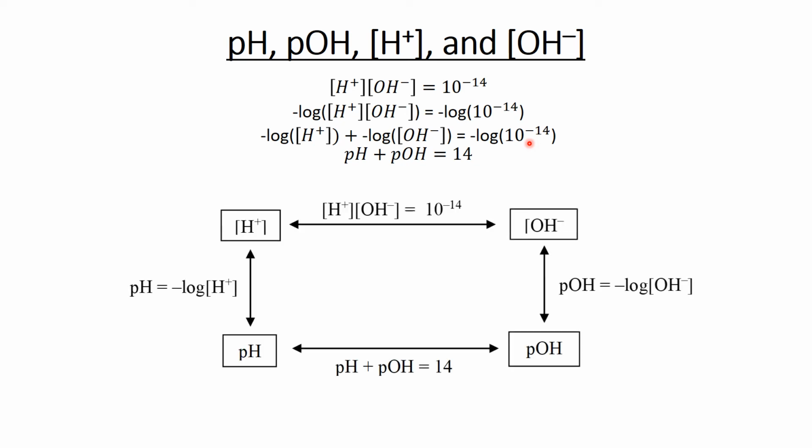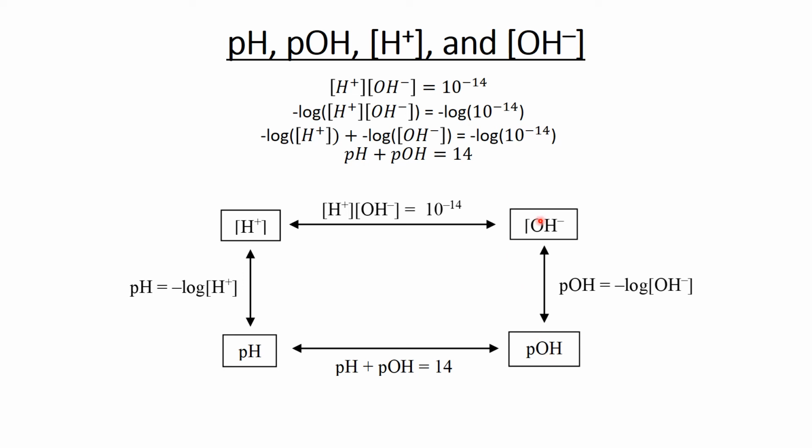So what I've done here is I've provided a convenient way to convert between H plus, pH, pOH, and OH minus concentrations. If I know the H plus concentration, I can just take the negative log of it to get the pH. If I know the pH, I can subtract it from 14 to get the pOH. If I know the pOH, I can just raise 10 to the power of the negative pOH to get the OH minus concentration.